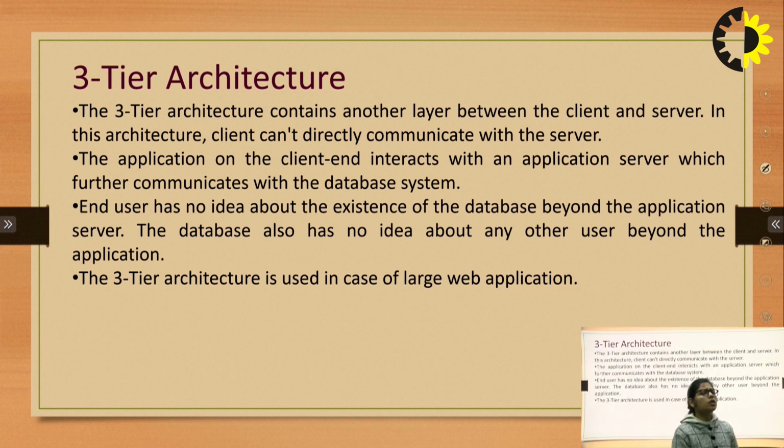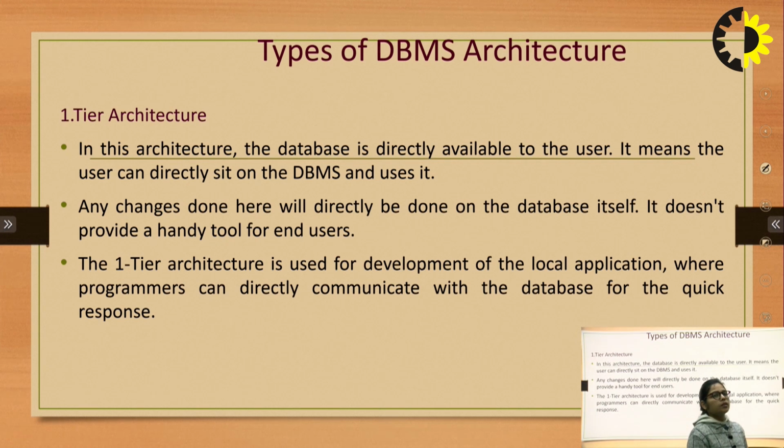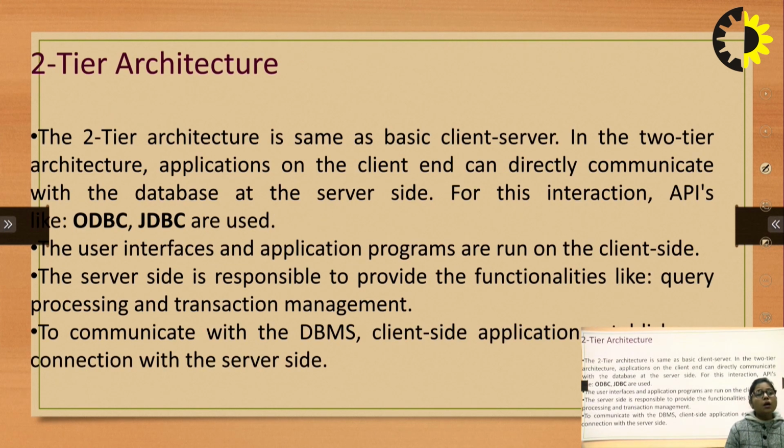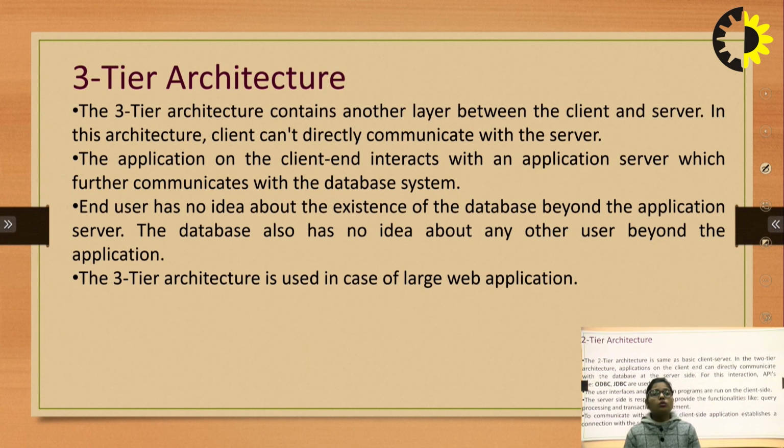Three-tier architecture. The three-tier architecture contains another layer between the client and the server. In the previous one, in one tier architecture, the client directly sits on the database and communicates directly. But in the second tier, the user application is provided to run on the client side.